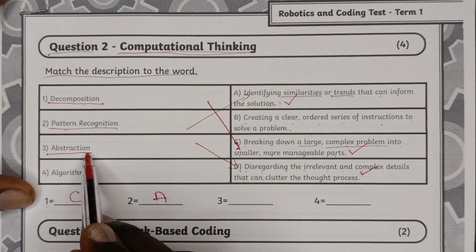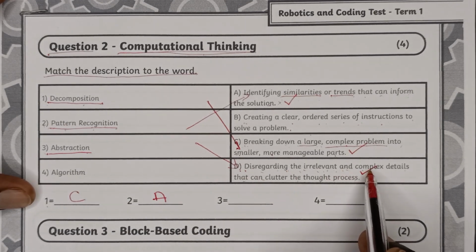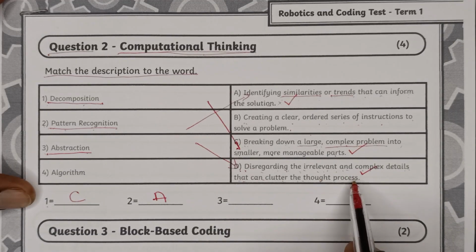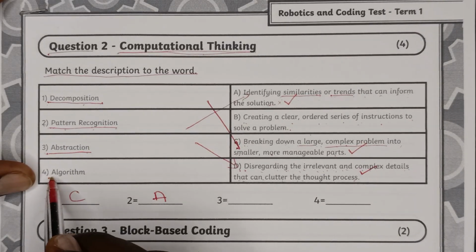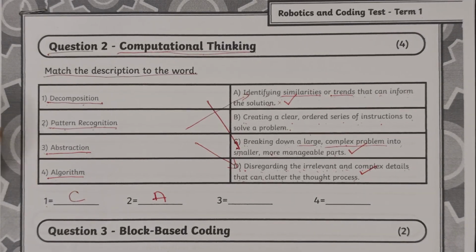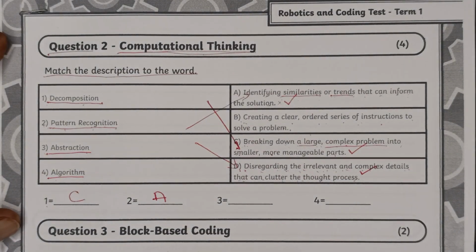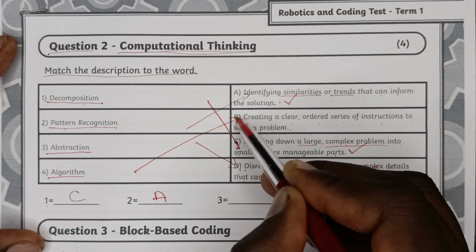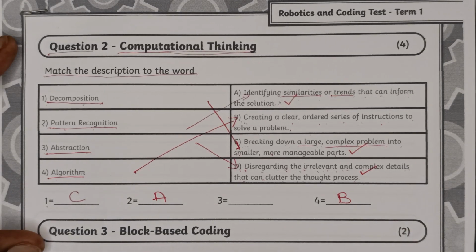So abstraction means disregarding the irrelevant and complex details that can clutter the thought process. Okay, the last one, algorithm. What does algorithms mean? We are only left with B. So B should be the correct answer for number 4.